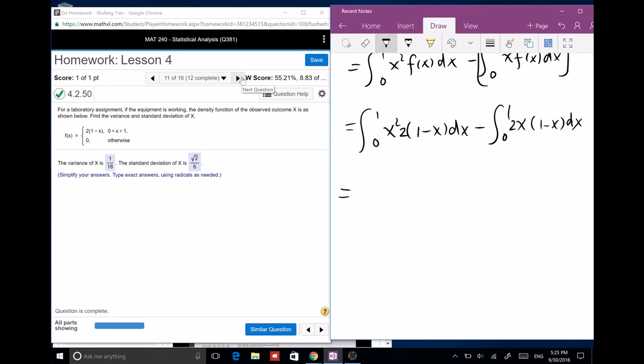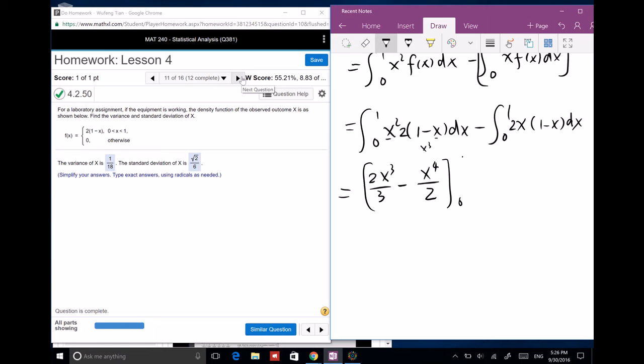And we find it out. Taking the antiderivative, 2x squared becomes 2x cubed over 3, minus x squared times x is x cubed, whose antiderivative is x to the power 4 over 4. But we have 2 here, so it's x to the power 4 divided by 2, because the 2 cancels.